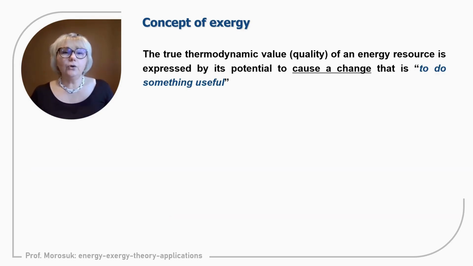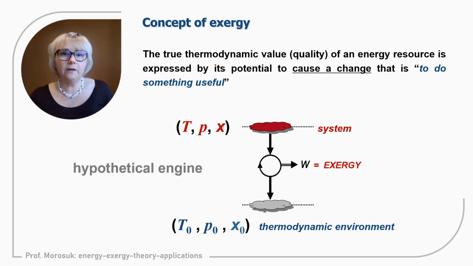Let us continue with the concept of exergy. We said that it is quantity and quality, the deviation from the environment, and let us proceed to how we should calculate this value, because this is very important for us, not only to discuss the concept theoretically but also to give mathematical statements. To do something useful, as I already mentioned, means to produce work. So for the concept of exergy, we always discuss a hypothetical engine.